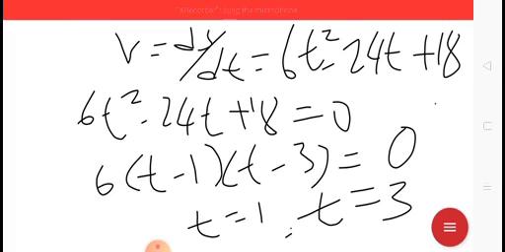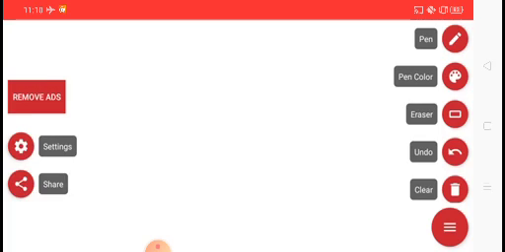So the particle changes direction at t equals 1 and t equals 3. Now we check the displacement at t equals 1 and t equals 3.